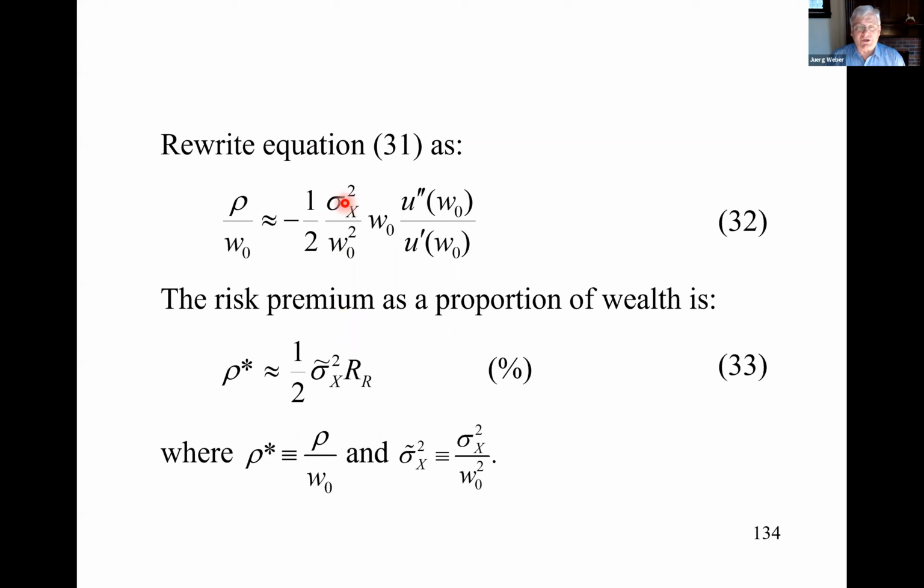Also the objective risk is expressed relative to wealth. Now what you have here is a squared coefficient of variation. This is a squared coefficient of variation. That's what I explain. That's why I don't call it sigma, I call it sigma tilde.